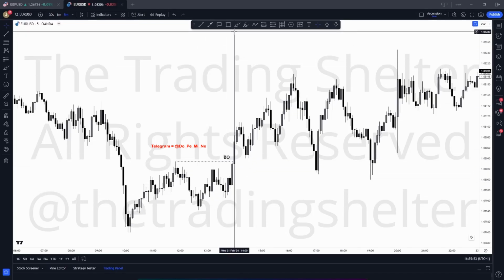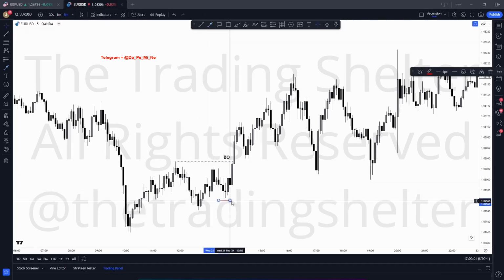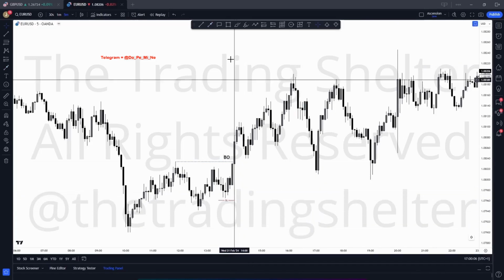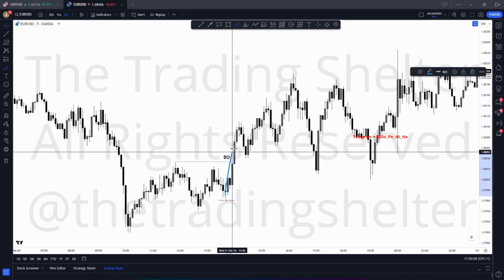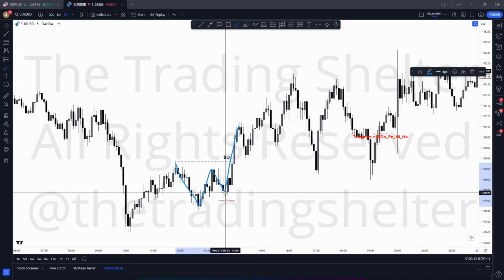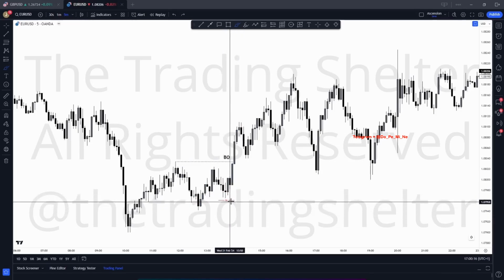You need to understand how structure works. If we go precisely where the stop loss would be located, it would be here because this was the leg that led to a new high, right? This one failed to make a new high. So these details are really important, all right?